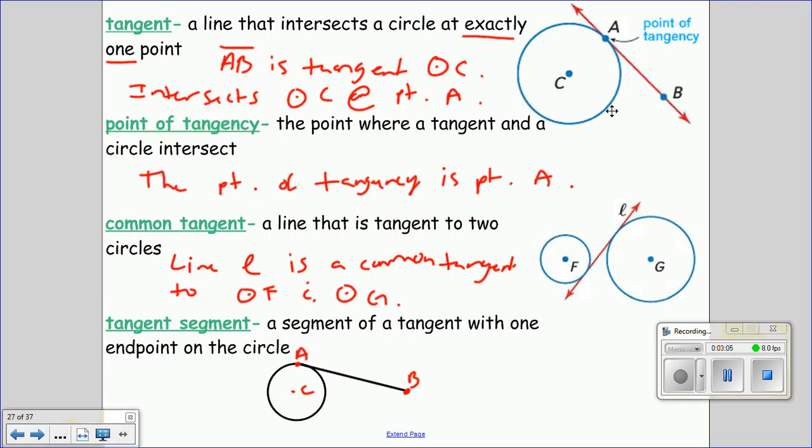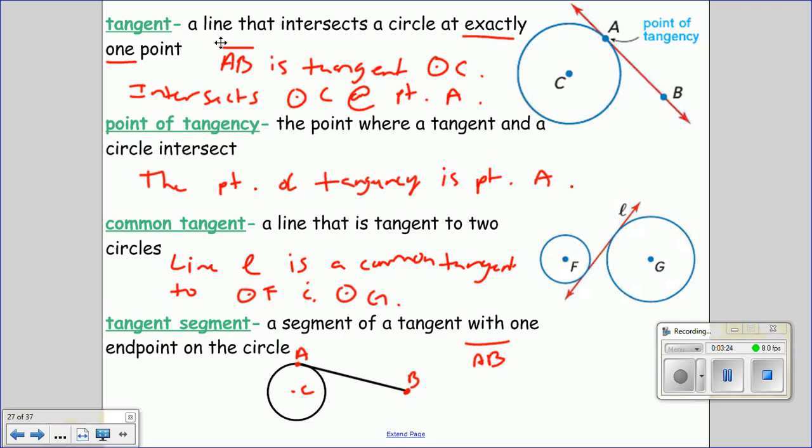If you notice, in the very first picture, it was a line because it continues in both directions. But since this line segment is pausing and it's only showing between A and B, that's what classifies it as a segment.